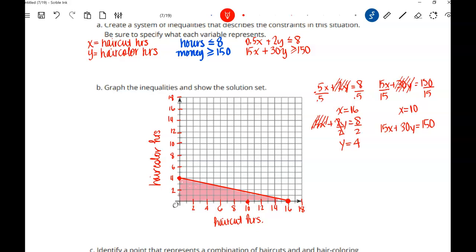If she didn't do any haircuts, she would have to do 5 colors to get that $150. That line right there represents exactly $150, but she'd like to have more than $150, so that's all of this.